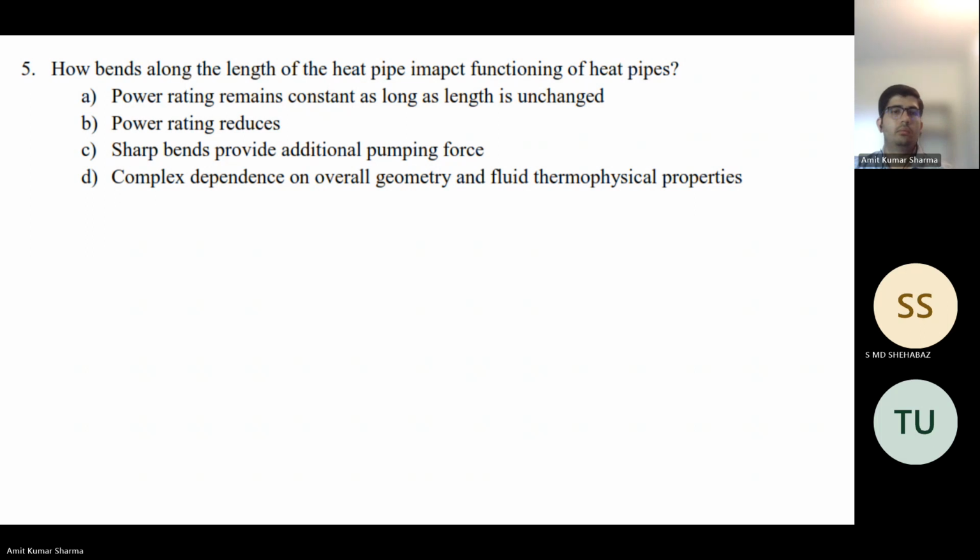Any idea about the answer? Like, suppose there is a bend, then what is happening?